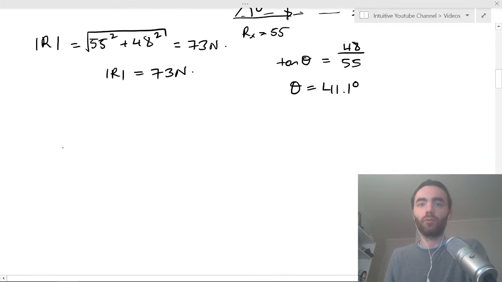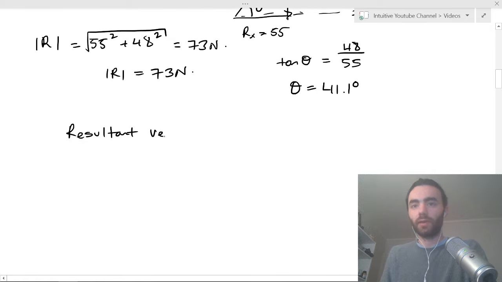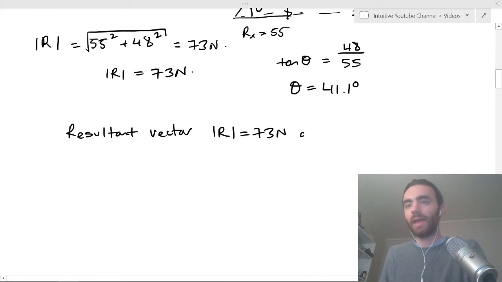So you can say overall that your resultant vector has a magnitude of 73 newtons, and it's acting at an angle of 41.1 degrees.